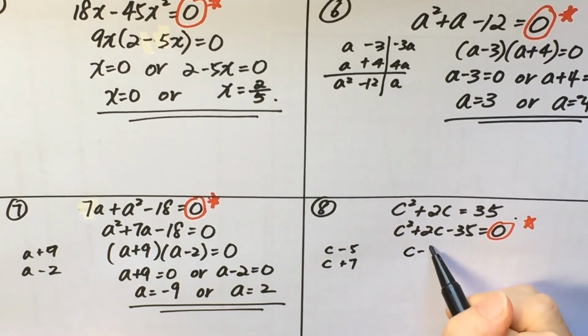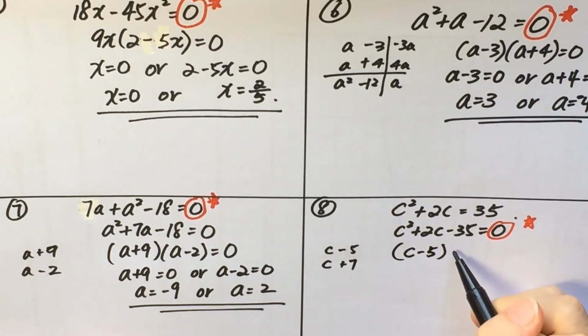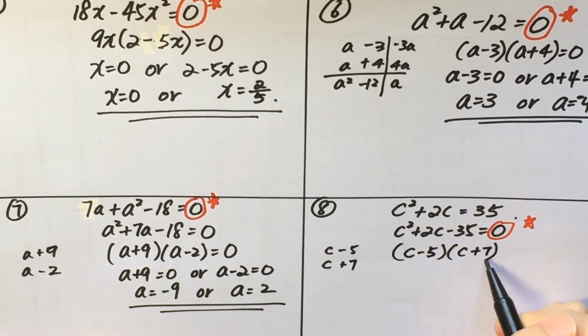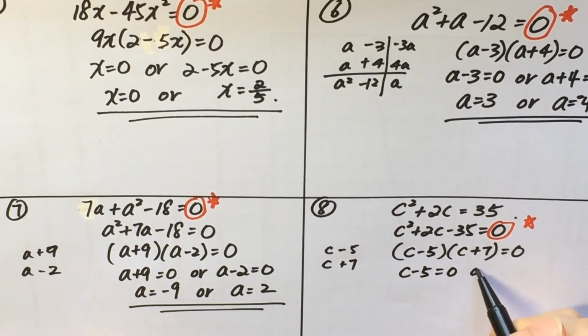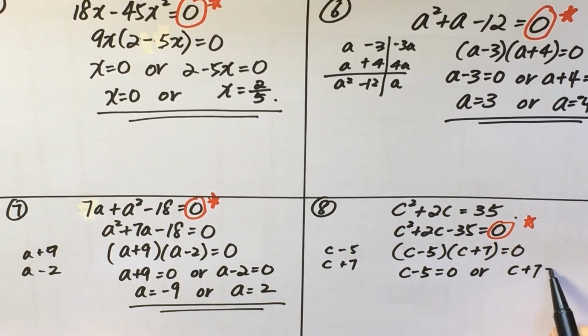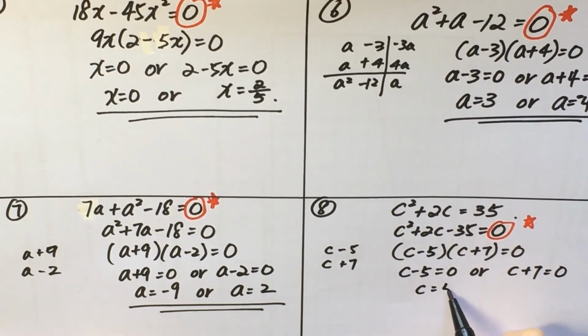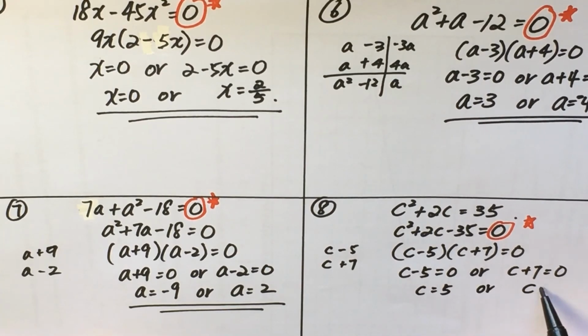So we now can factorize it to be c minus 5, c plus 7 equals to 0. So c minus 5 equals to 0, or c plus 7 equals to 0. So c is equals to 5, or c equals to negative 7. So this part here we are using the null factor law.